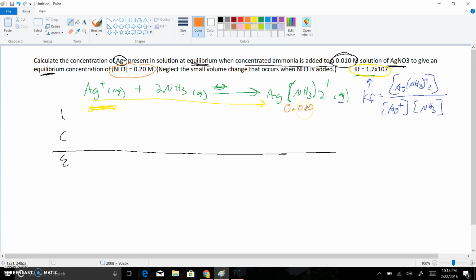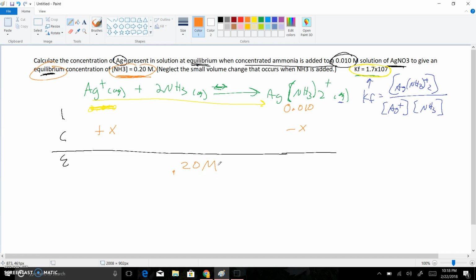Okay, so I'm starting actually with this here. Weird, I know. So it all goes to completion, and then it starts to think about its equilibrium. Some of this is going to go away, and some of this is going to be made. Now, this technically is going to be made too, but what we got to note is that it says NH3 is 0.2 molar in equilibrium. So this is 0.20 molar.